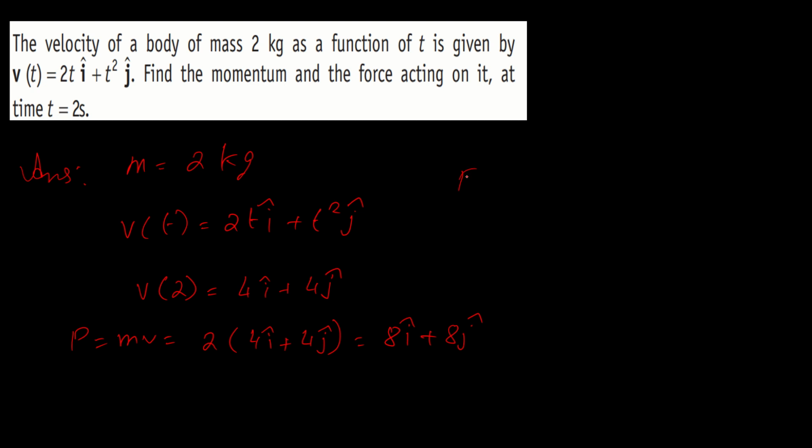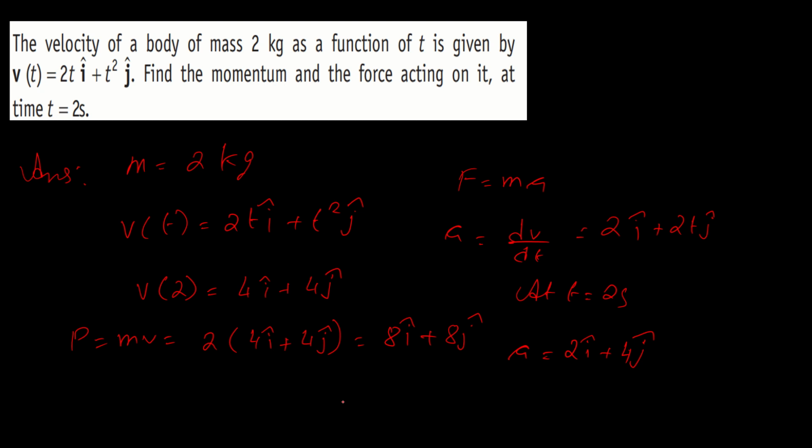The formula for force is mass into acceleration, but we don't know acceleration. With the help of v of t we can find acceleration. A is equal to dv by dt, right? Differentiating gives 2i cap plus 2t j cap. At t is equal to 2 seconds, acceleration is equal to 2i cap plus 4j cap.